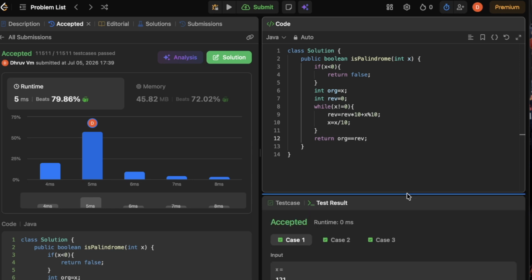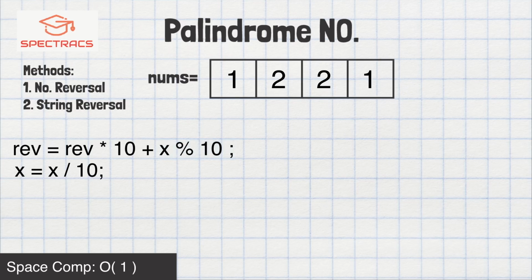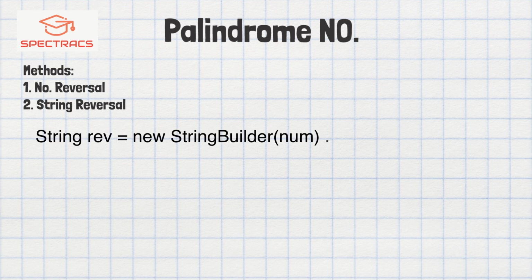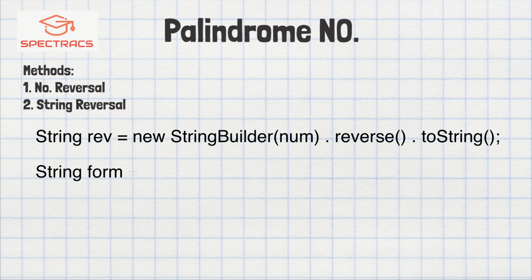Now let us move to the next method, which is the string method. Moving on to the second method. Here what we're going to do is, first we convert the number to a string, and we are using the StringBuilder. Why are we using StringBuilder? Because in Java a string is immutable, so we convert the string into StringBuilder form.